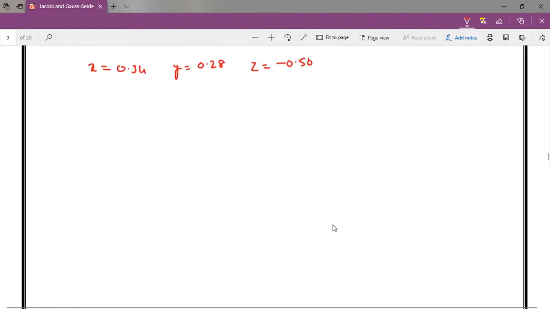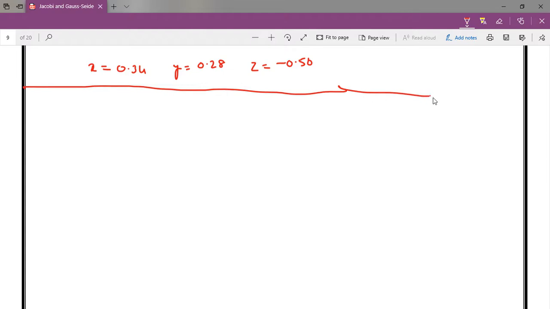Okay, so next we shall see a single question now. We shall take one more example. Okay, so now one more question. Solve the system by Jacobi and Gauss-Seidel method.